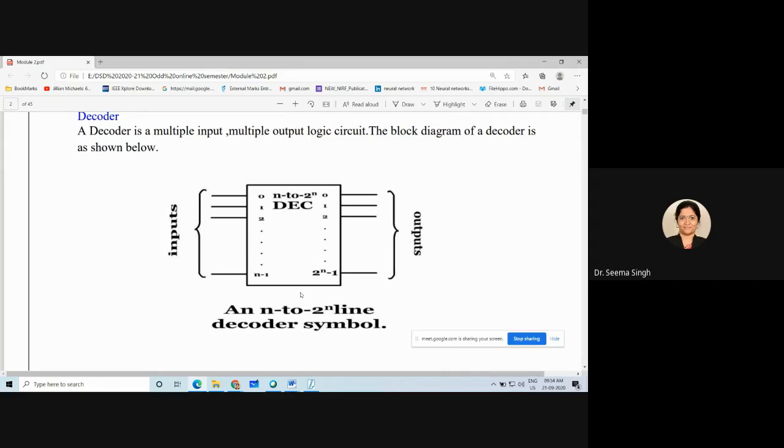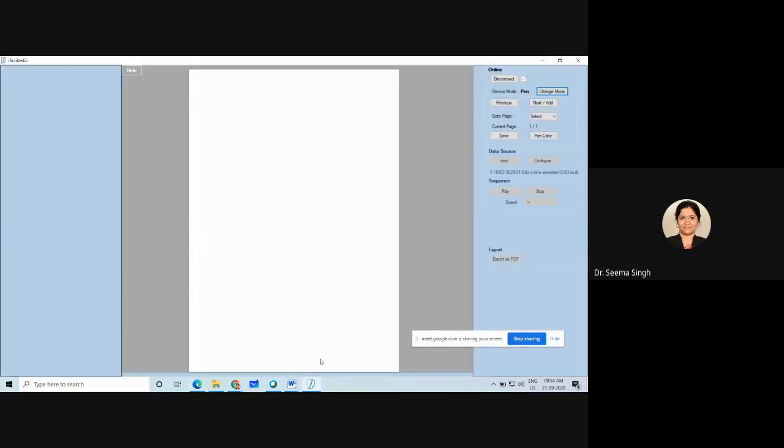Now we will start with the most basic one, that is the 2:4 decoder. Because it is the first class of such application circuits, I will go a little slow, but slowly the pace will increase. Are you able to see my screen? Yes, ma'am. Module 2, I already gave you the name.